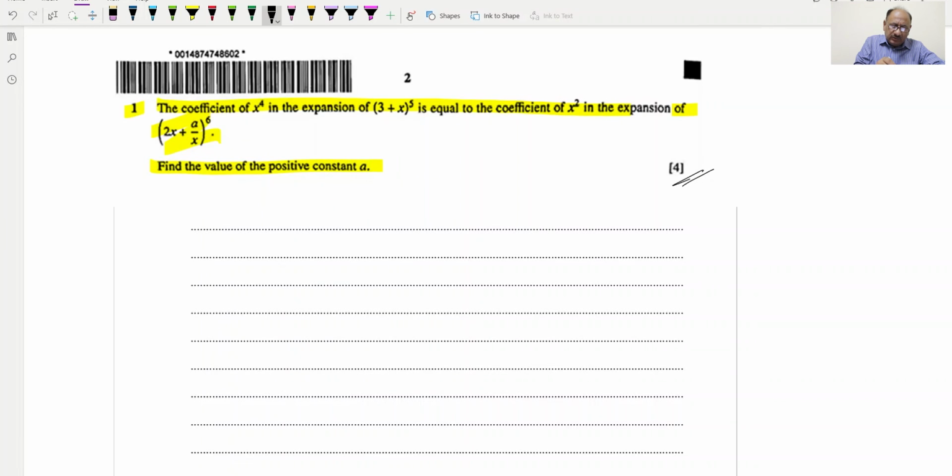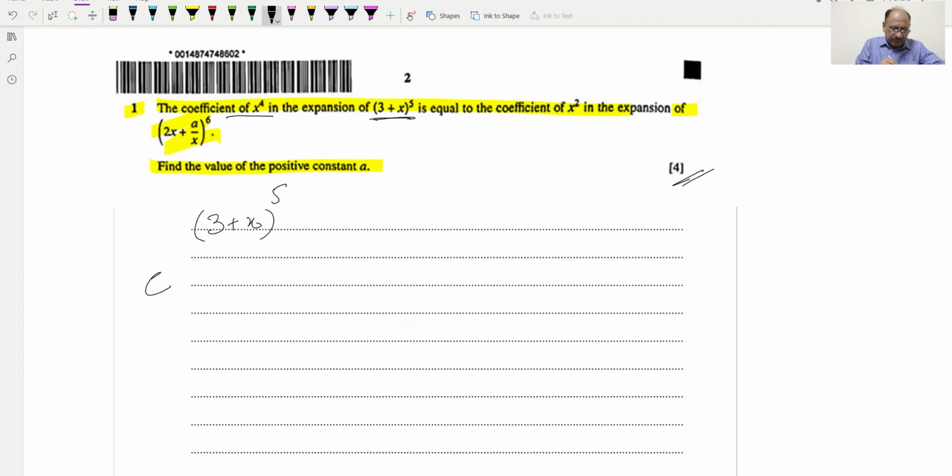We are looking for the coefficient of x^4 in (3 + x)^5. x^4 will be when 3 is raised to the power 1 and x to the power 4.